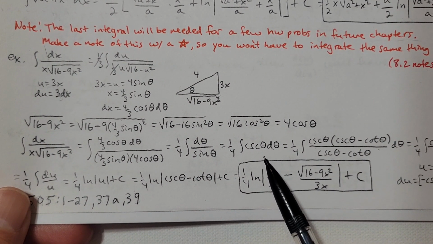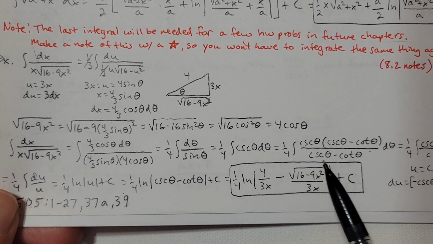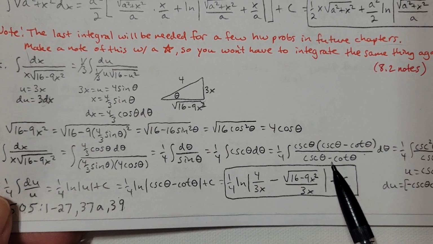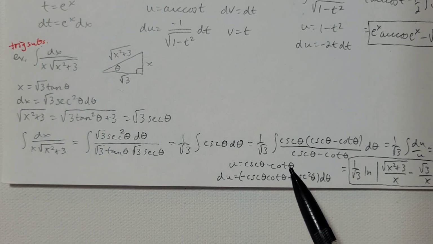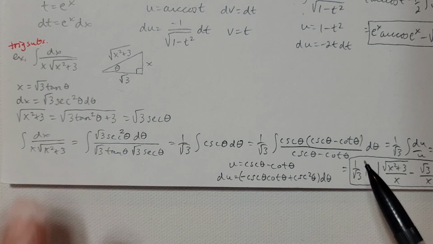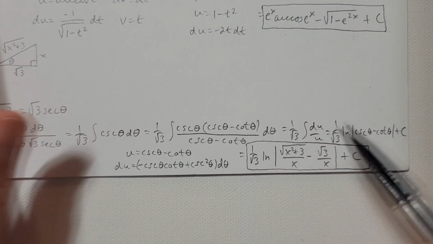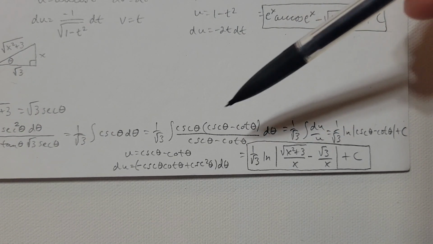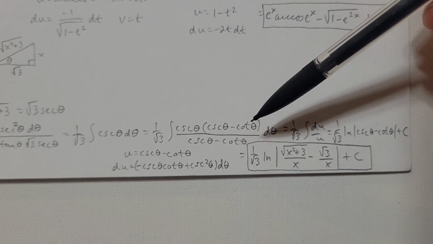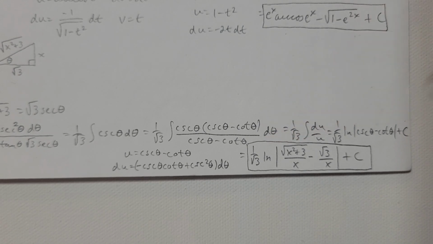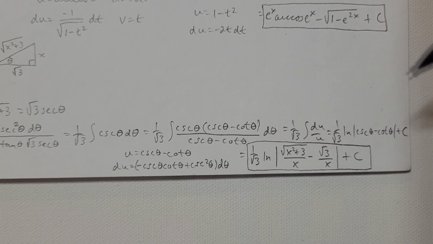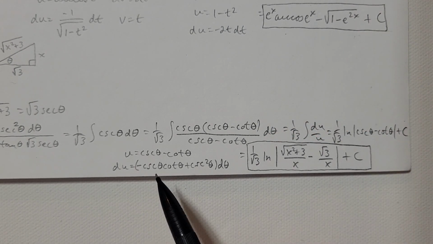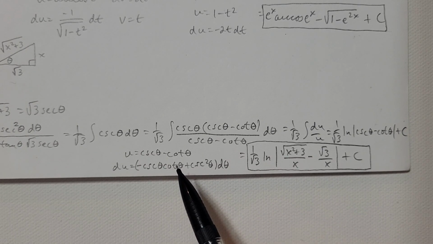And there's a sneaky little trick here. You want to multiply the top and the bottom by cosecant theta minus cotangent theta. So that's what I did here. And when I distribute, I got cosecant squared theta minus cosecant theta cotangent theta. And then I'm setting myself up for a u substitution there.